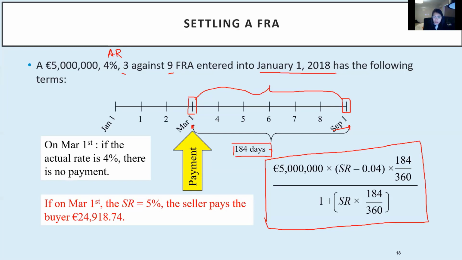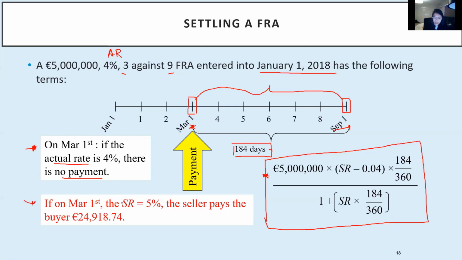So on this day, we need to determine how much we need to settle and who pays who. How much we are going to settle depends on this formula, and who pays who depends on the difference between the actual interest rate and your agreed rate. On the settlement date, if the actual interest rate is the same as the agreed rate, there is no payment, because SR minus AR is 0.